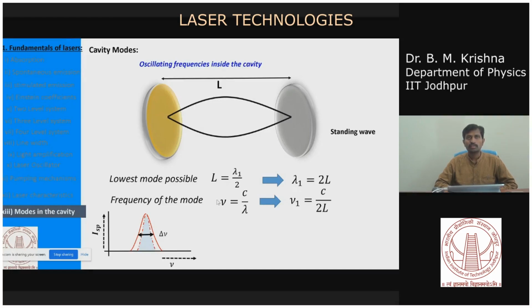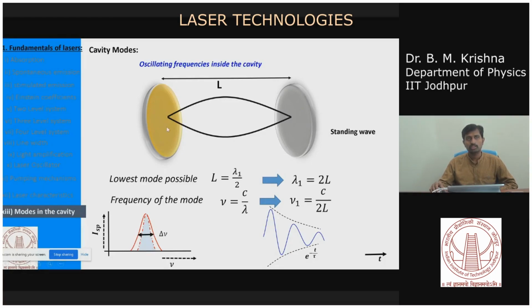It is due to the loss in the cavity. Your photon is oscillating back and forth, and these mirrors are not 100% reflective, so you always have loss. That means you have a decay, so your oscillation will decay. When it decays, this increases the width of your oscillation, so your frequency becomes broadened.